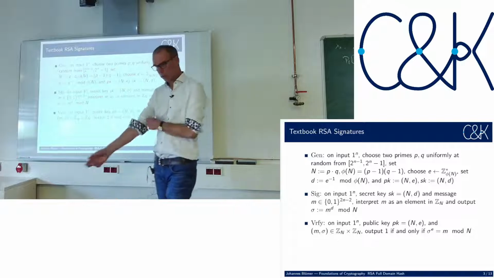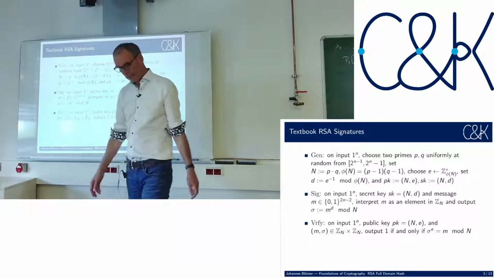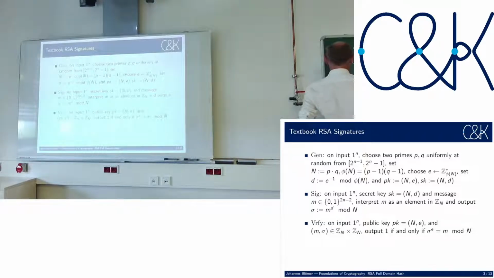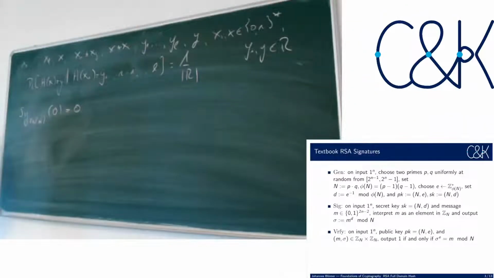And that was the textbook RSA signature scheme, which was completely insecure, because we know that with this definition, the signature on message 0 is simply 0, always. And hence we have found a forgery without actually using, in our forgery game, the ability to query for messages.